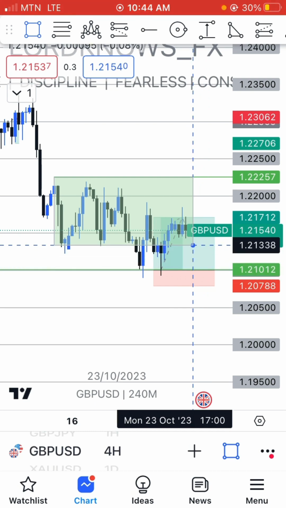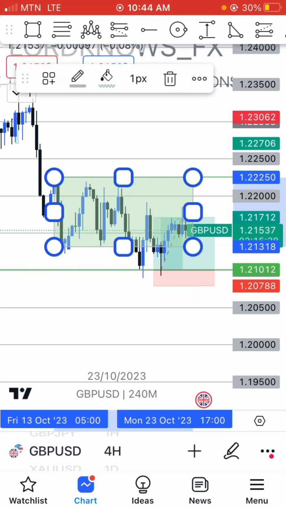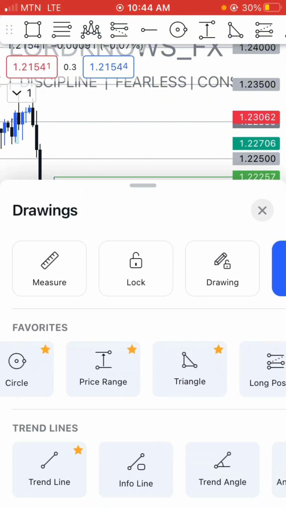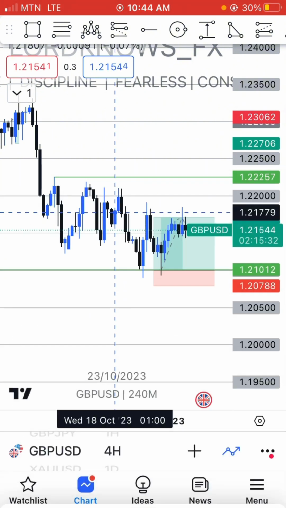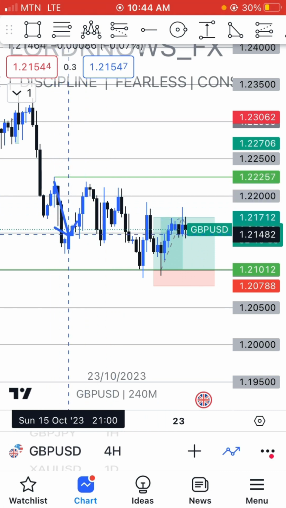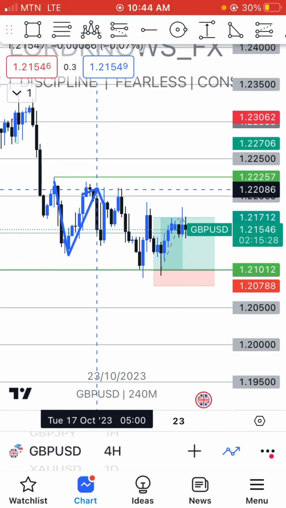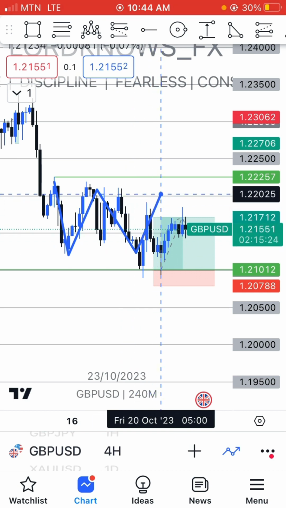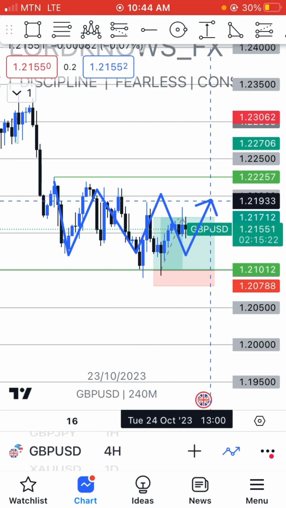Okay, it's still ranging. Let me do an example to show you what a ranging market is. It's just moving sideways. You don't know whether it's going to buy or sell, it's just moving sideways. That's what we call a ranging market.